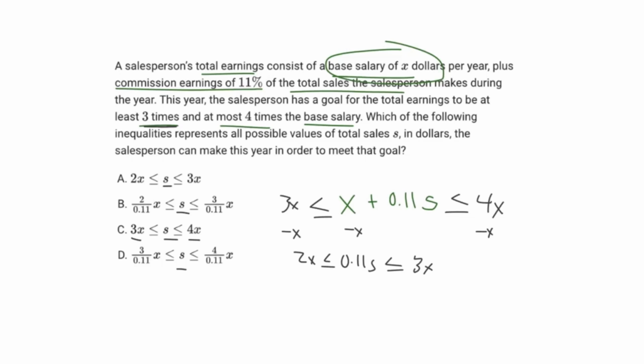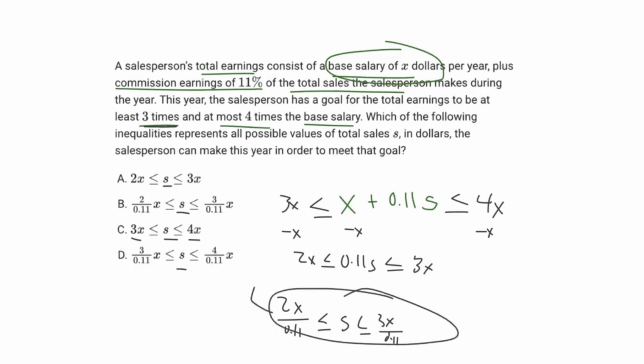Therefore, we can just divide all sides by 0.11. So we get 2x over 0.11 is less than or equal to S less than or equal to 3x over 0.11. And we can see that this answer choice right here lines up directly with answer choice B, and therefore that is our answer.